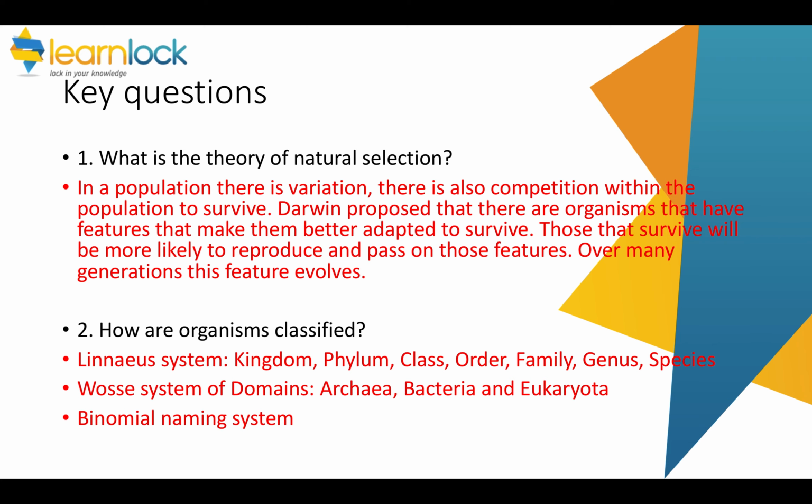You could also mention the binomial naming system, so talking about the fact that once an organism is classified, it can be named using its 2-part Latin name, which includes a genus and the species. If something has got the same genus, it's going to be more closely related.